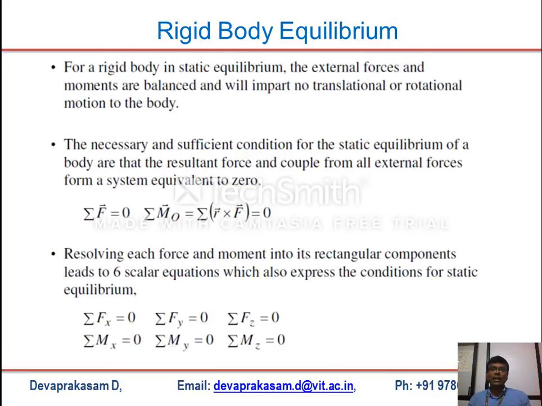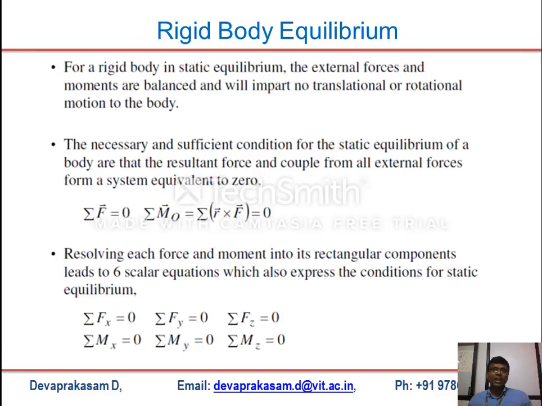The above equations can be applied to particles or bodies. If you are dealing with a rigid body in static equilibrium, you should satisfy not only those three equations in space, but also that the external forces and moments are balanced, imparting no translational or rotational motion to the body.